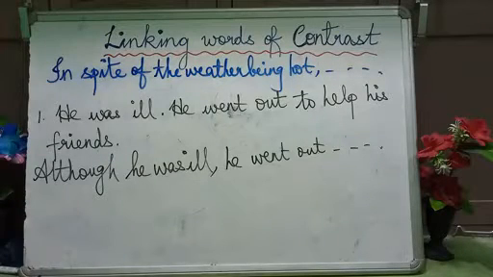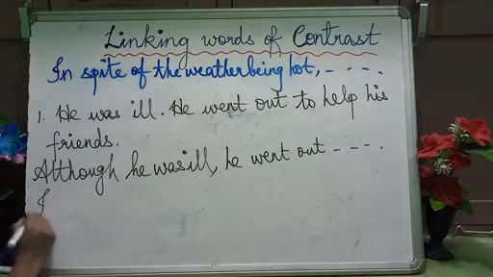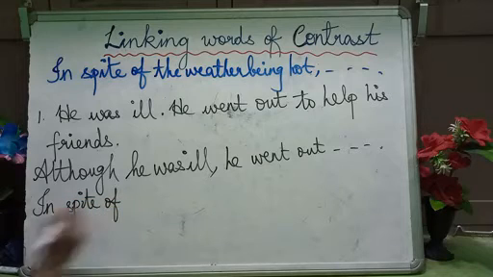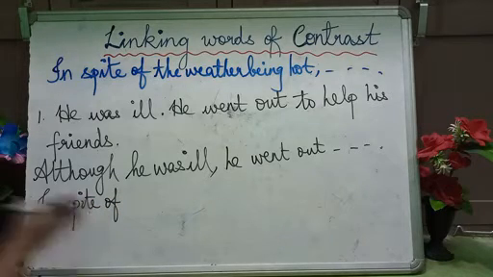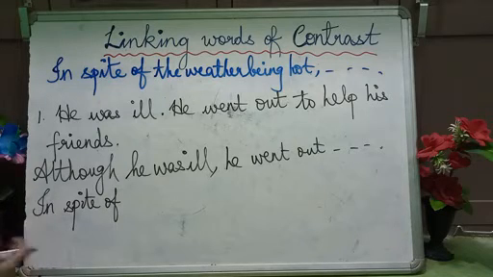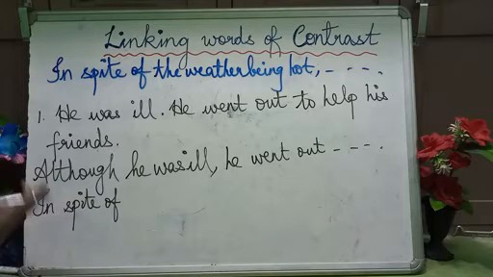Okay. Now using in spite of. I have told you, when you begin a sentence using in spite of, you have to use either a noun phrase or verb plus ing. So using both we will try now. First, noun phrase.